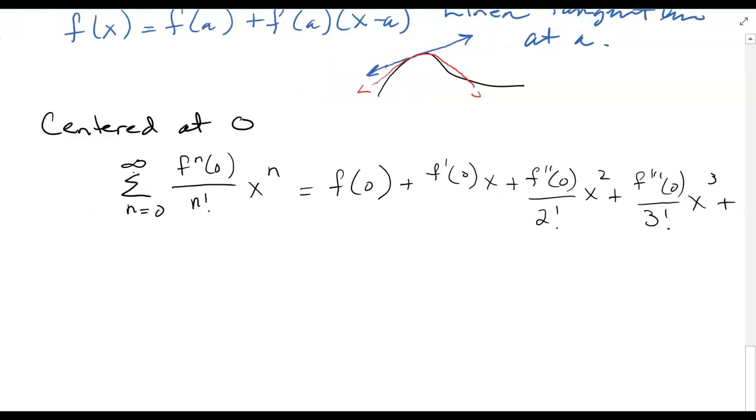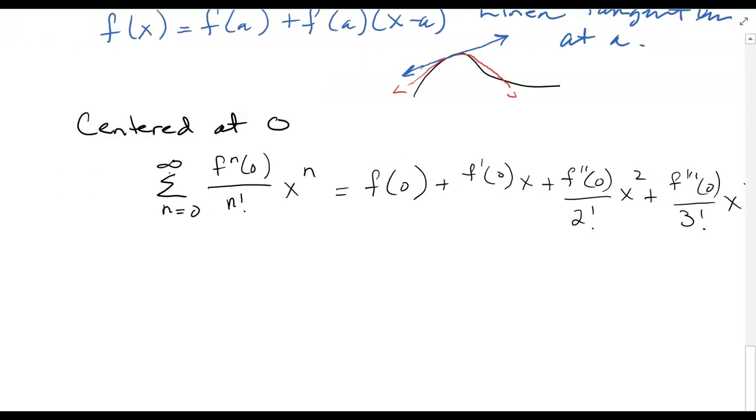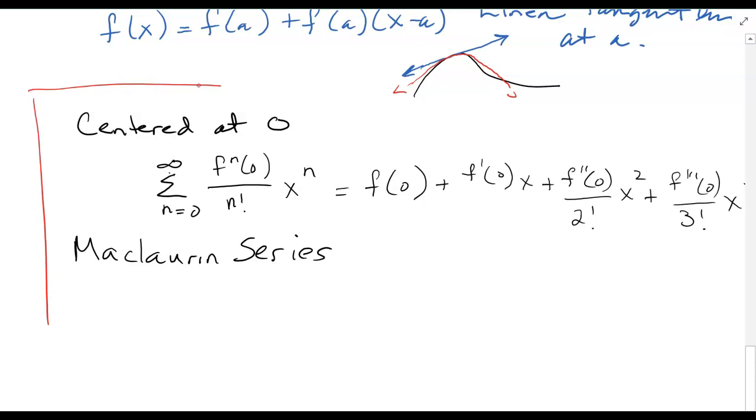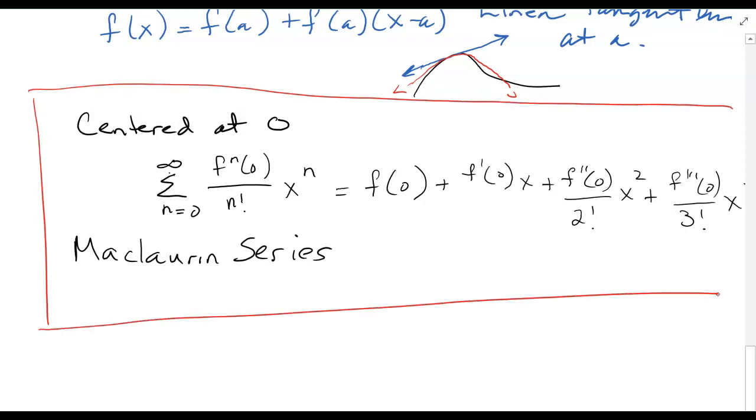This is called a Maclaurin series. So it's simply your Taylor series centered at 0.